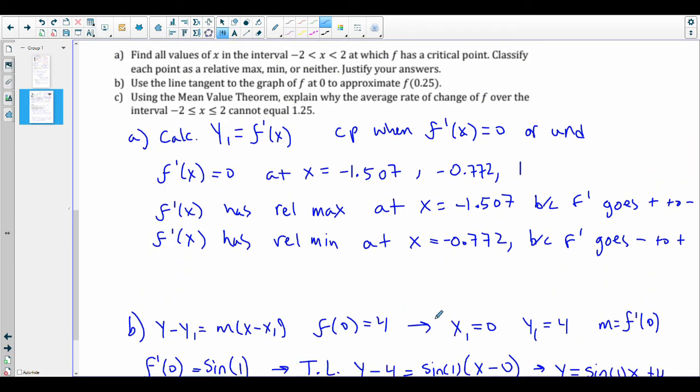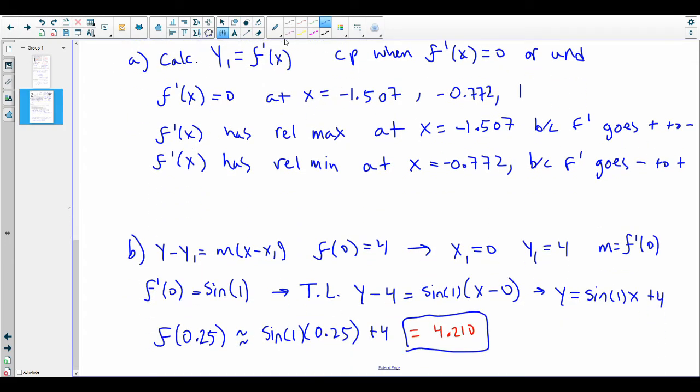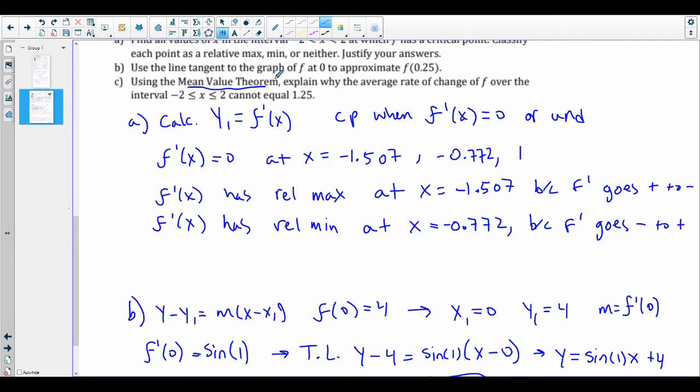And one more, part C. So we're going to use the mean value theorem, and we're going to explain why the average rate of change cannot equal 1.25. Again, I'm going to copy and paste this one.